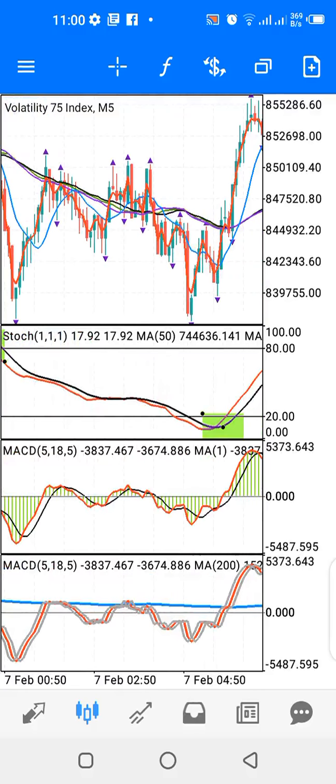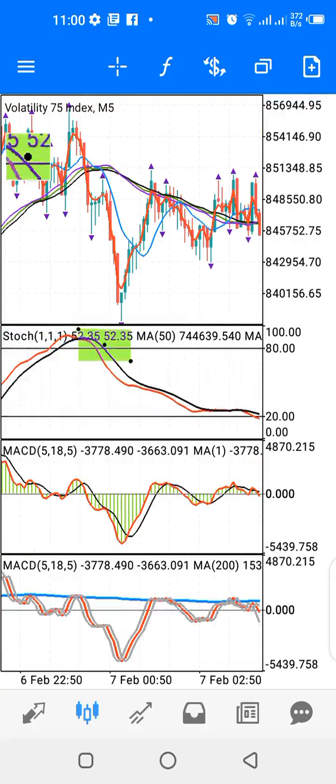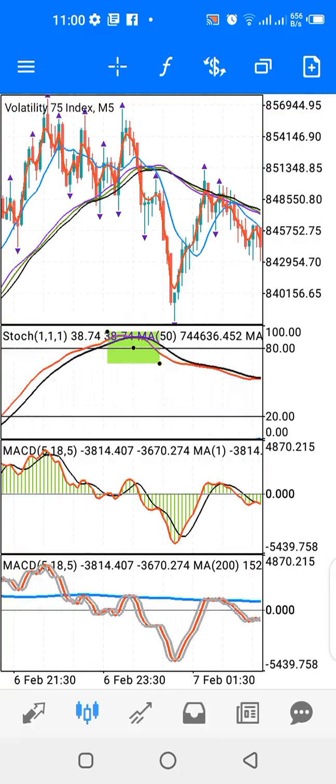Okay, for signal, the red line crosses above the black line below the 20 stochastic level for you to have a buy signal. Sell signal: above the 80 stochastic level, the red line crosses down on the black line for you to place a sell trade. So that's that for indicator window 1.